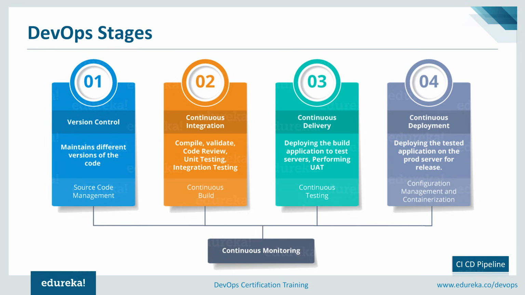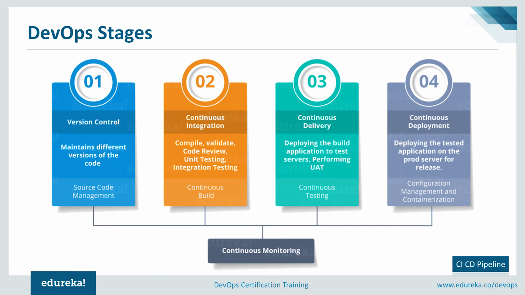Starting with version control system, version control maintains the code. What do I mean by maintaining the code? Consider a scenario where there are multiple developers writing code for a particular application. How will I know which developer has made what commit at what time, and exactly which commit is causing the error? And if I ever want to revert back to that particular commit, how do I go back and make changes?